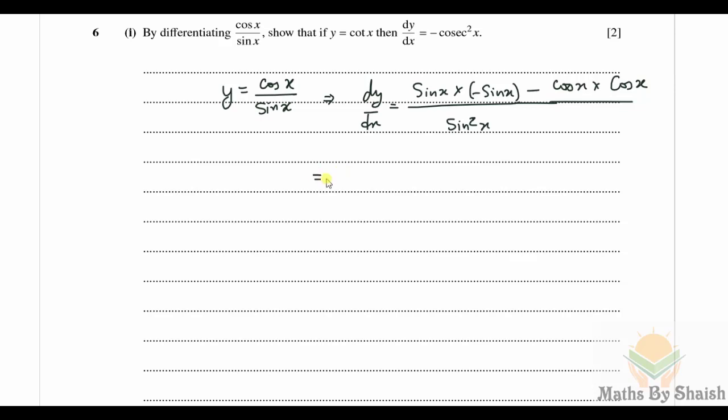So altogether we got it as minus sin square x minus cos square x over sin square x.